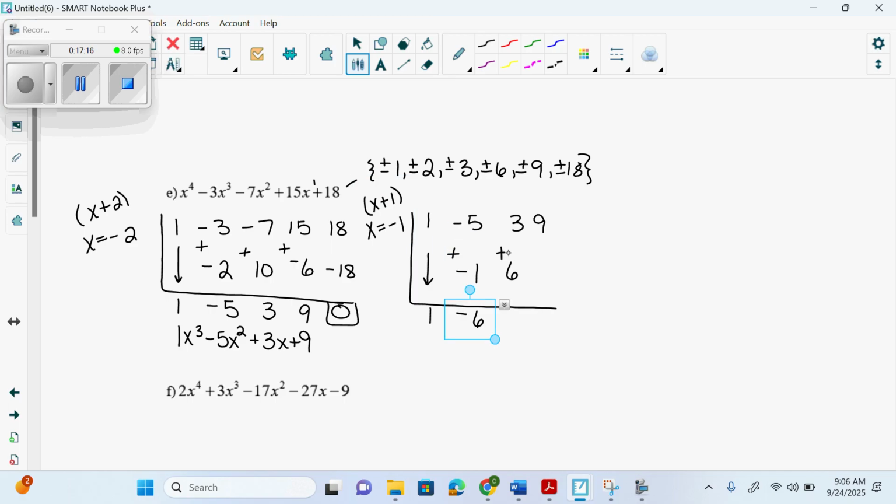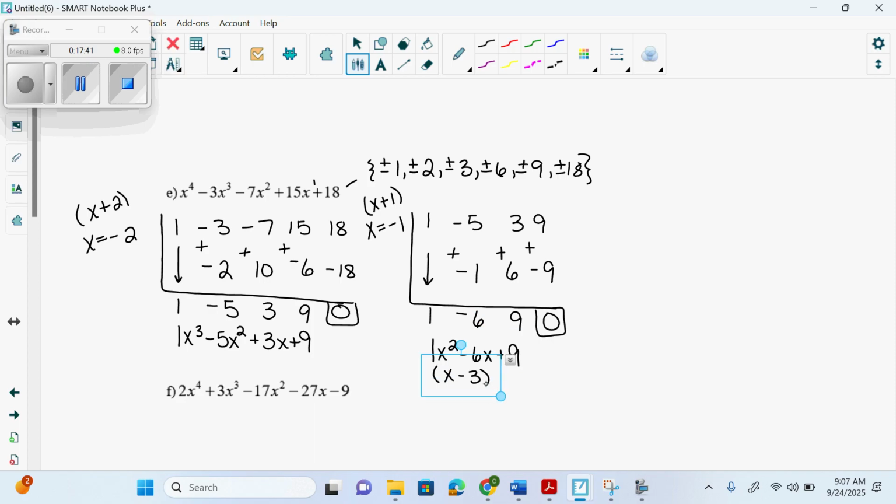Add it is 9. Negative 1 times 9 is negative 9. Add it is 0. Now this is one less than that, so it's going to be 1x squared minus 6x plus 9. So what multiplies to give me 9 and adds to give me negative 6? x minus 3 and x minus 3.